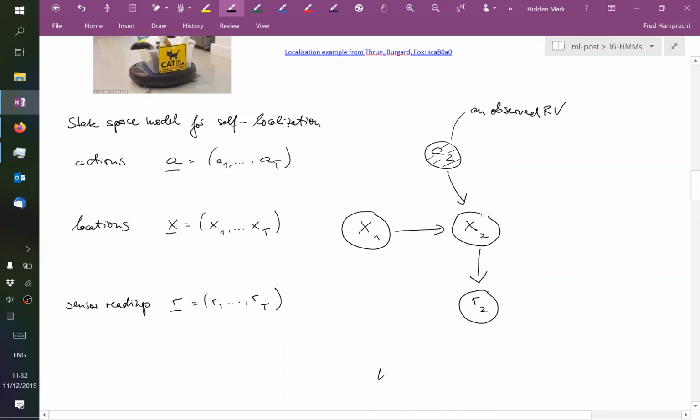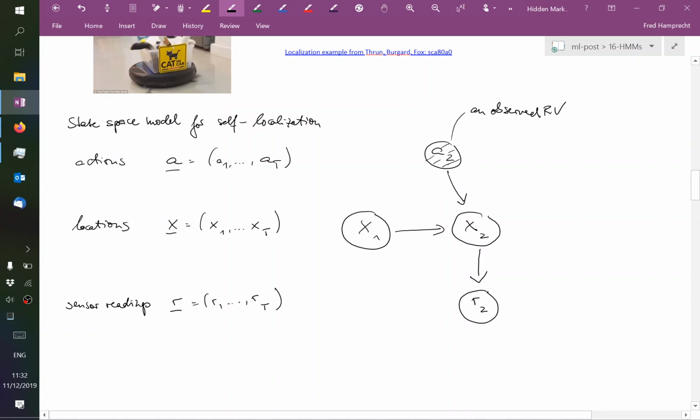So I could have an extra random variable which I call world. Don't copy it. We say this world is observed because we have a map, but I'm omitting this for now. Okay. So we have the sensor reading R2, and then we can go on.